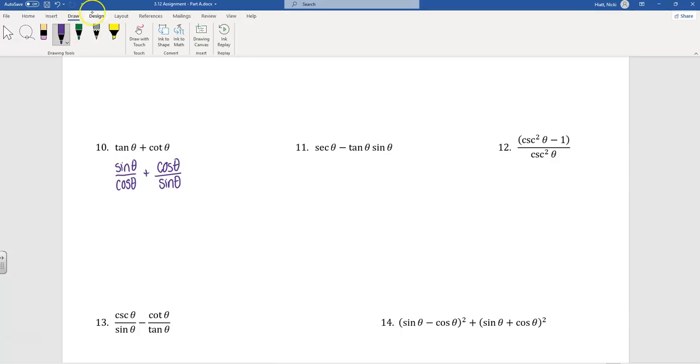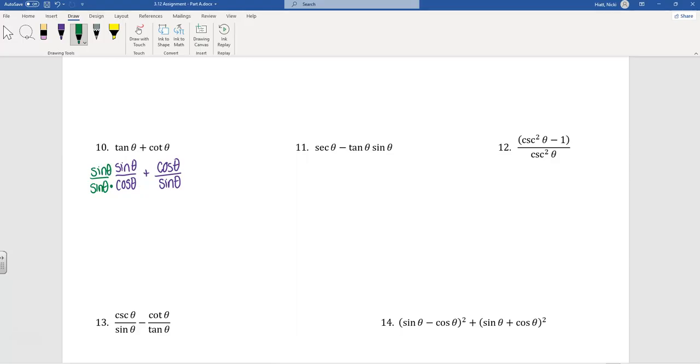This denominator has a sine and this denominator has a cosine, and the only way I can get a common denominator is to have a denominator of sine times cosine, right? So right here, I don't have a sine, so I would need to multiply by sine theta. But if I multiply by sine theta in the bottom, what do I have to do in the top? Also multiply by sine theta.